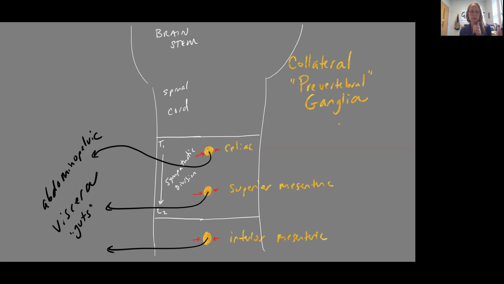Celiac is top of the stomach, so that's the top of the abdominopelvic region. Superior mesenteric is moving down to basically like the small intestine and a little bit into the large intestine area. And then inferior mesenteric is the lower pelvic region. So essentially the collateral prevertebral ganglia are innervating, those postganglionic neurons are innervating your guts, your organs in the abdominopelvic cavity.